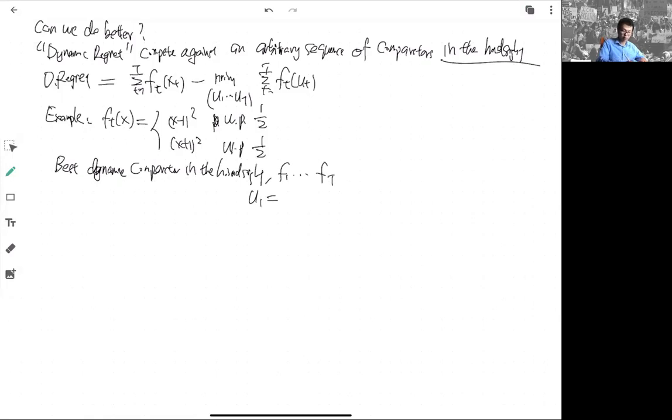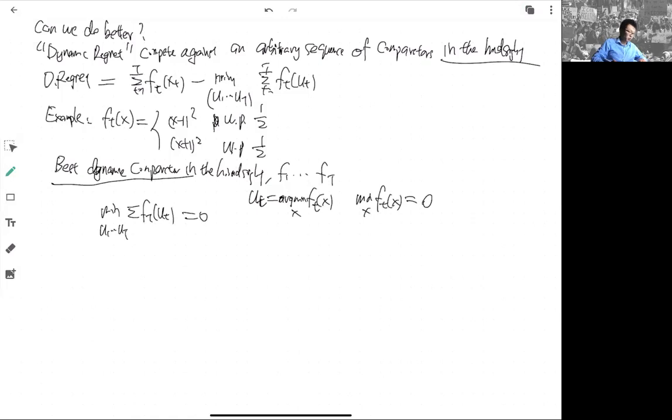So u t is the arg min of f t, and the min of f t is always 0. So ultimately, the best dynamic comparator would end up having the sum of f t u t equal to 0.